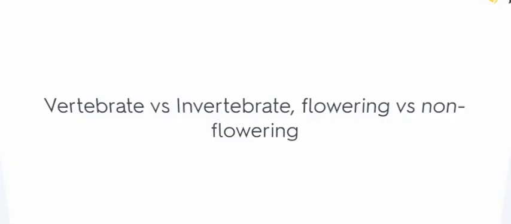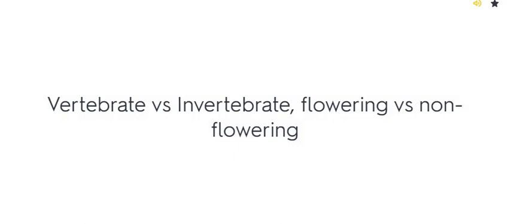Kingdom, phylum, class, order, family, genus, species. Phylum. Vertebrate versus invertebrate, flowering versus non-flowering. Class. Mammals, reptile, amphibian.